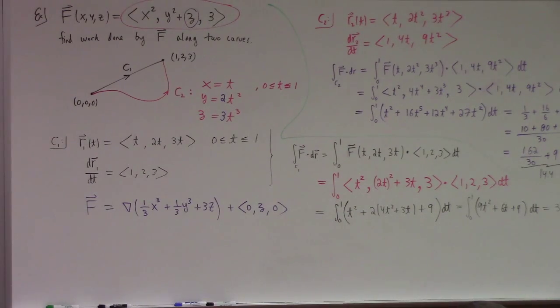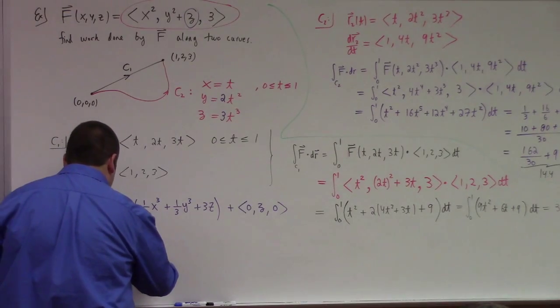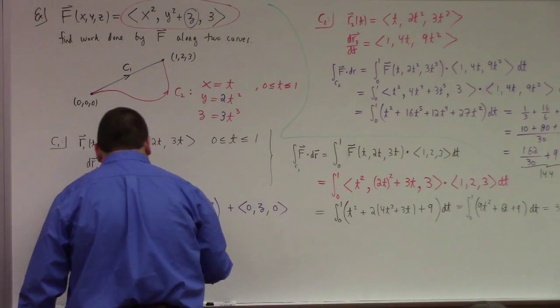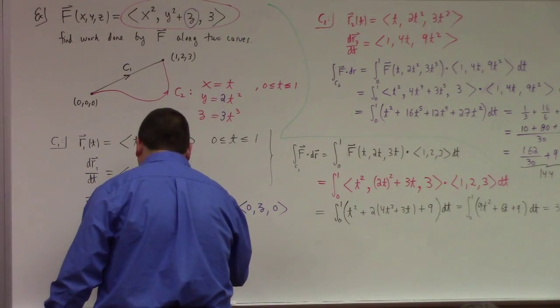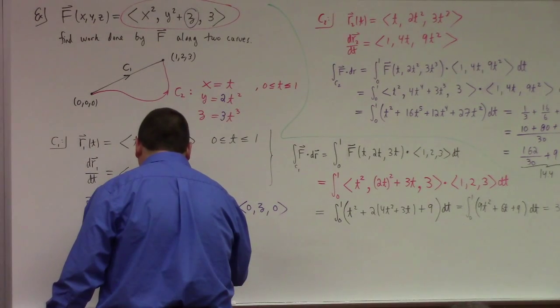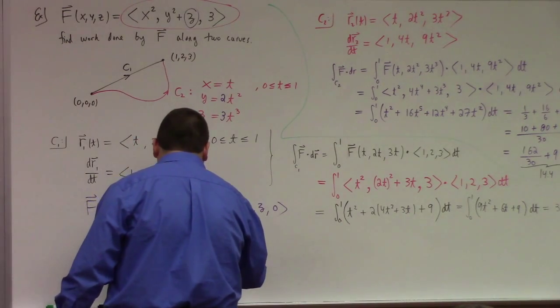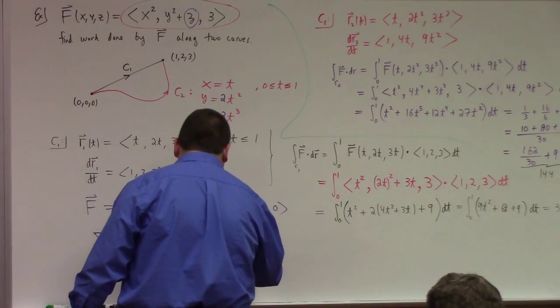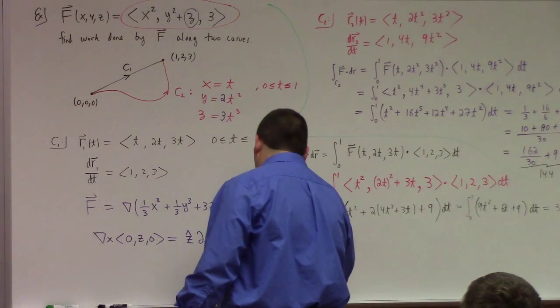But the z term, if you calculate the curl of 0, z, 0, this is probably easier to look at explicitly. You get z hat partial z cross zy hat, which gives me z.